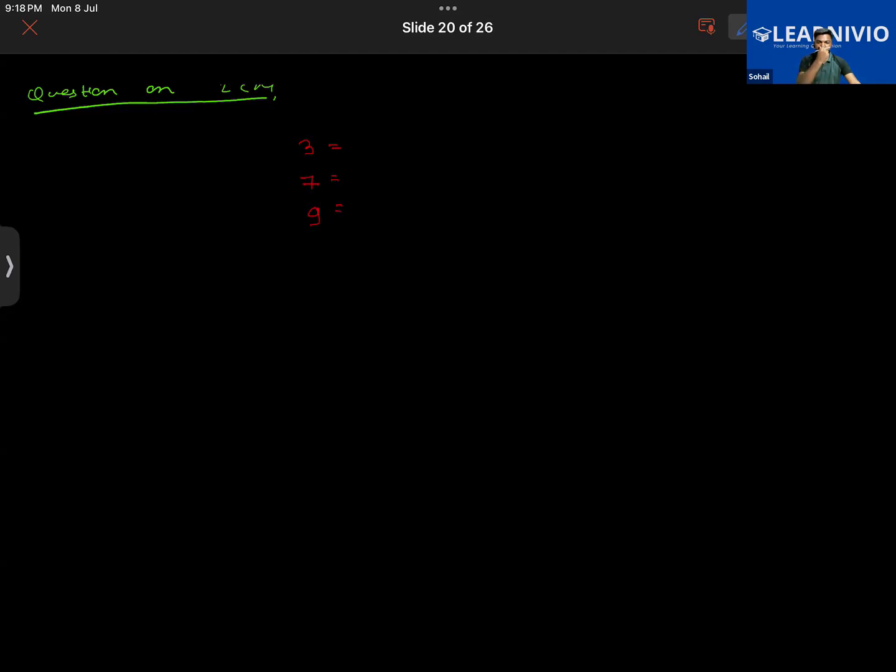For example, the multiples of the numbers 3, 7, and 9 are infinite. So you can't have the highest common multiple, but you can have the lowest common multiple. There is no end to that.